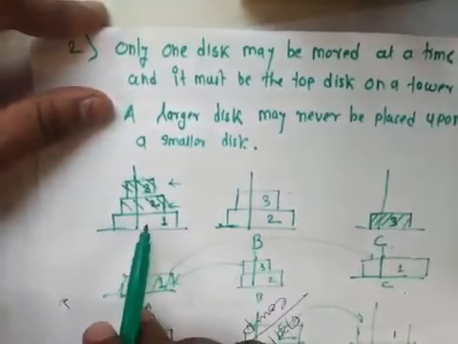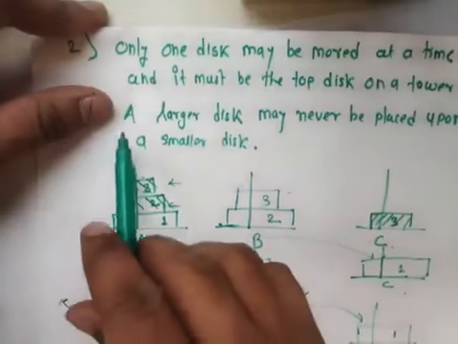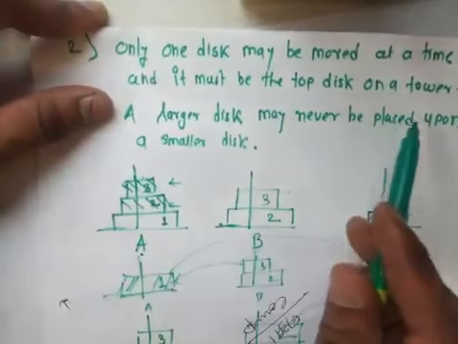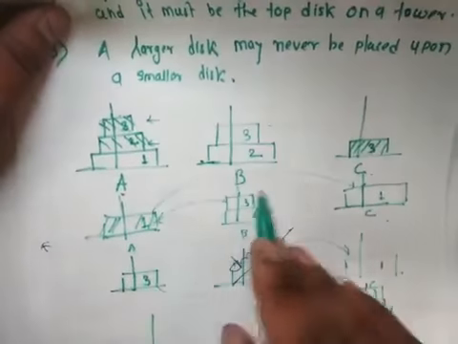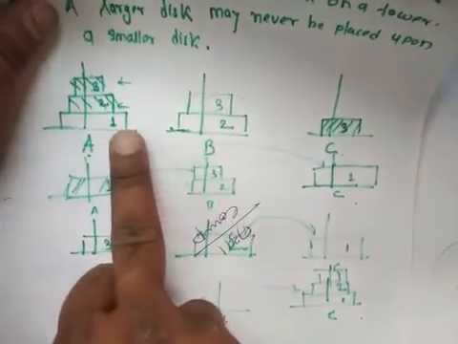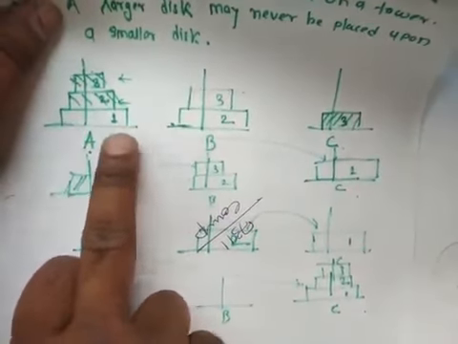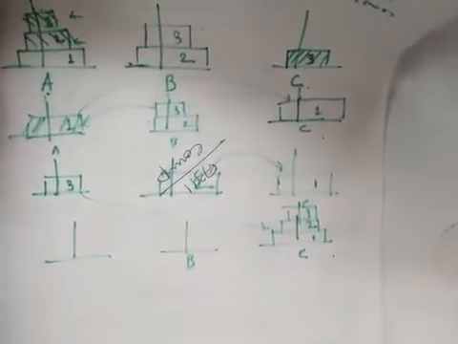So this is the best example of a stack application. A larger disk may never be placed upon a smaller disk. We never place any larger disk on top of a smaller disk. And in this way we moved all the disks from peg A to peg C successfully. So you can see that.